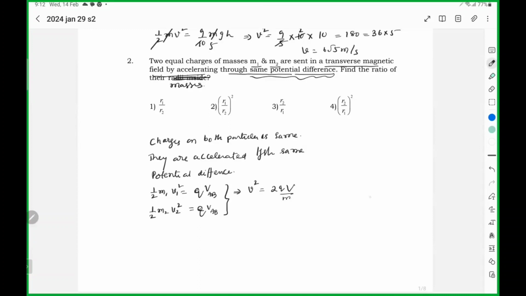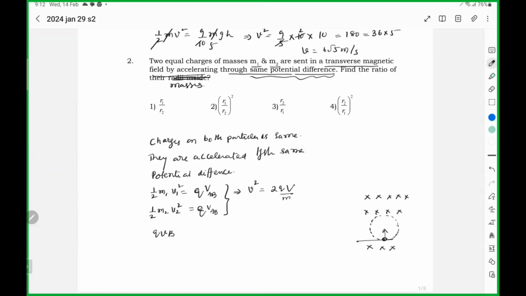Now, once they are sent in a magnetic field at right angles, that charged particle moves in a circular path. Force on a charged particle is qvB.